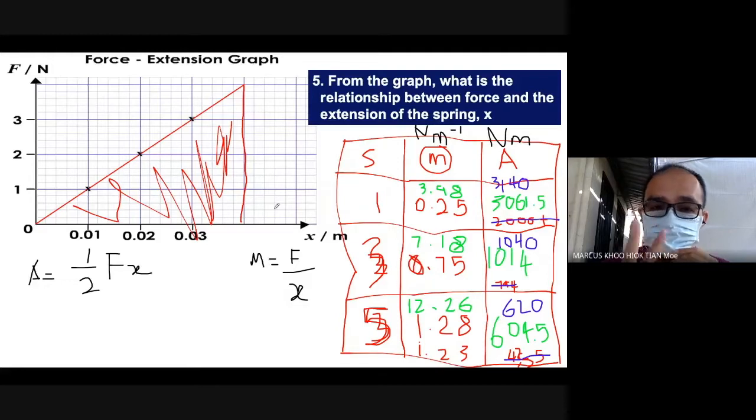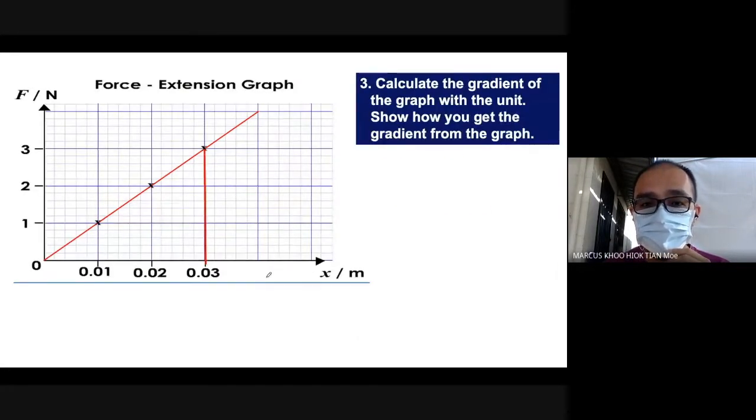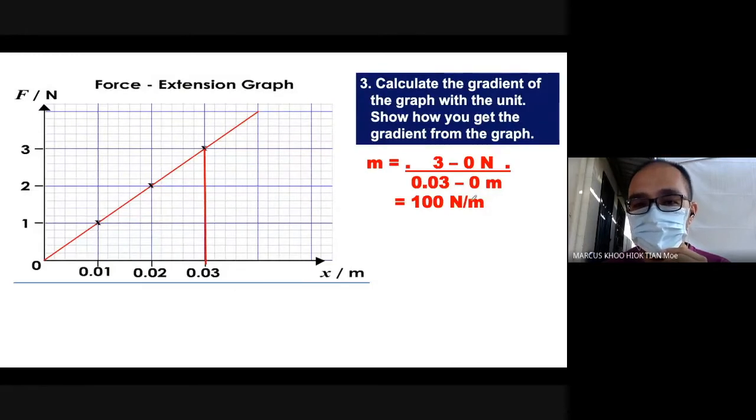These two important things, half Fx and F over x, bring us to what we want to learn today. The gradient is Newton per meter because you are using Newton, then dividing it by meter.